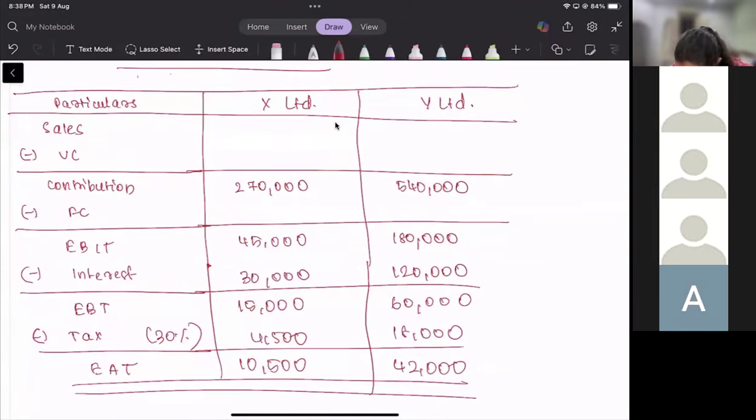So, if my variable cost is 60% and 50%, what will be my contribution? Same concept we did earlier. So, contribution will be 40%. So, we'll have to find out what is the 60%, correct? You can do it like 2,70,000 divided by 40 into 60.